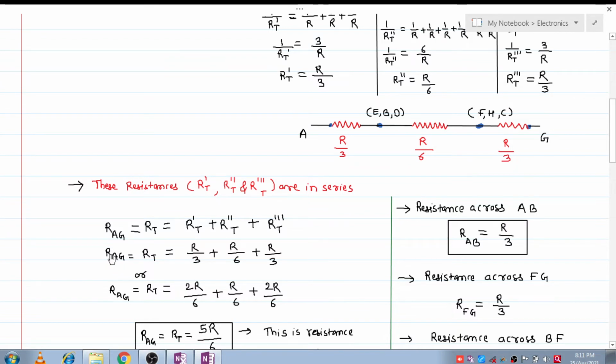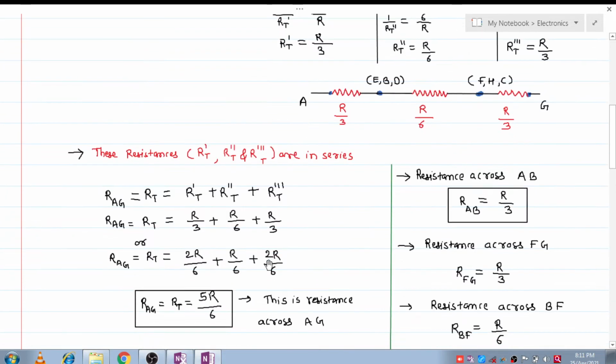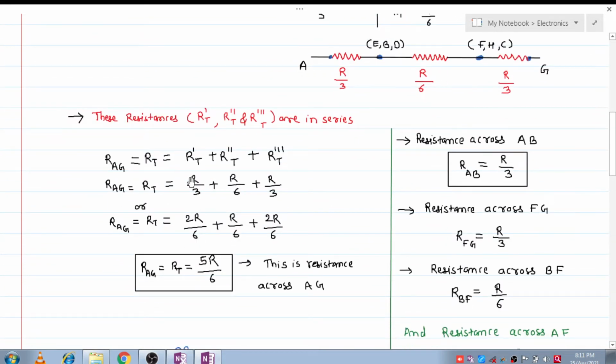So the resistance across AZ, RT, is equal to R divided by 3 plus R divided by 6 plus R divided by 3. We can convert the denominators to be equivalent. We have multiplied and divided by 2, so this is 2R divided by 2 multiplied by 3, that is 6, plus R by 6.